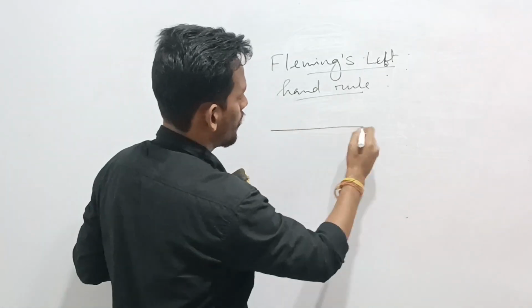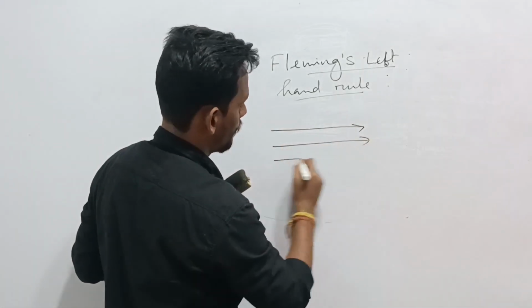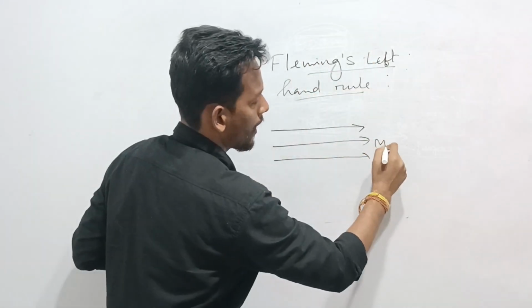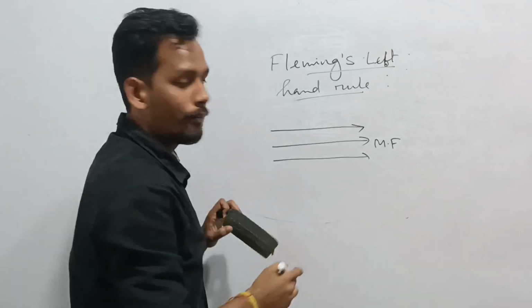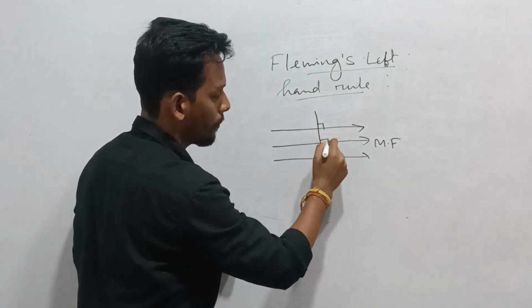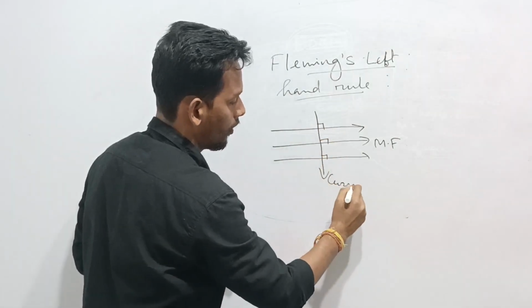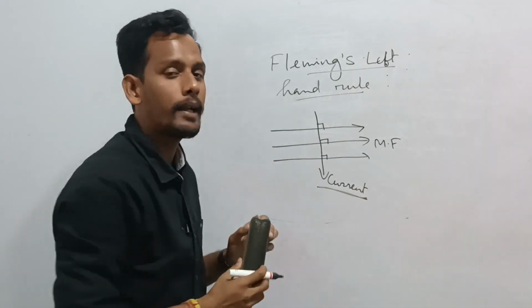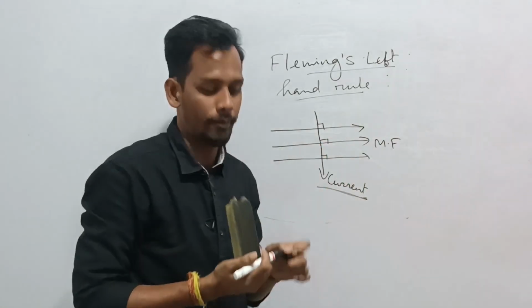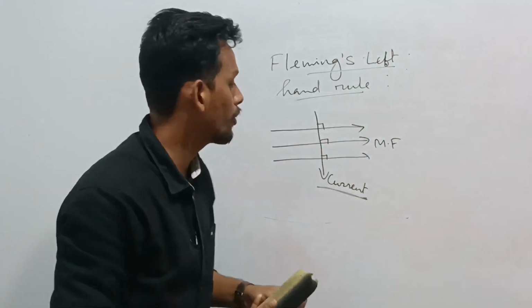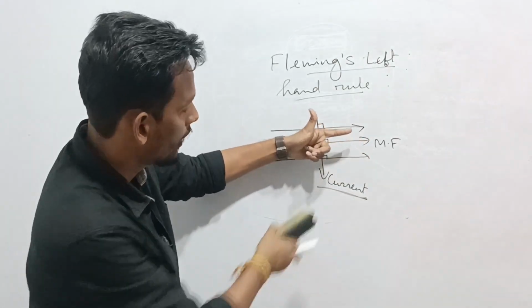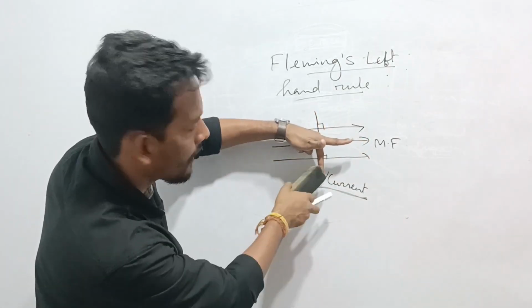Suppose this is the direction of magnetic field, in this plane. Consider this is the plane. Now, say this is the direction of current, which is perpendicular to the magnetic field. Now tell me what will be the direction of the force applied. Hold your three fingers: this will show the magnetic field, and this is the direction of current.